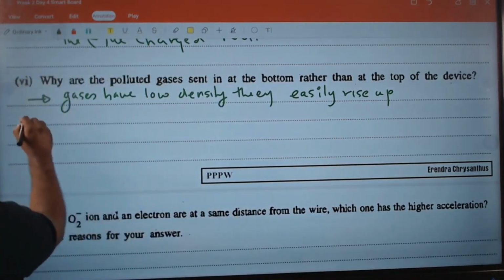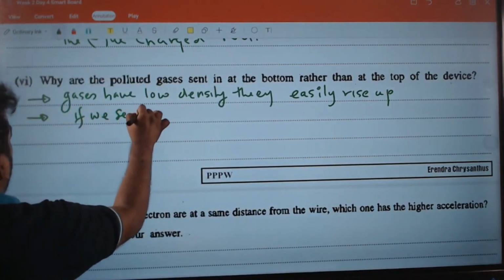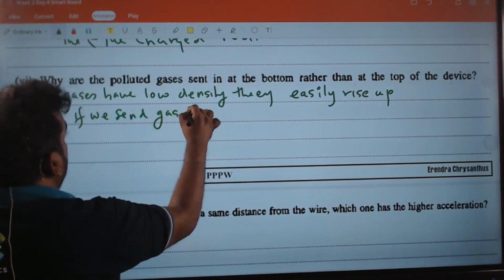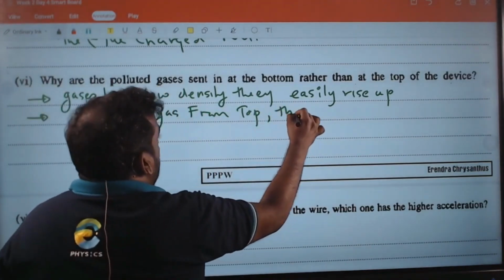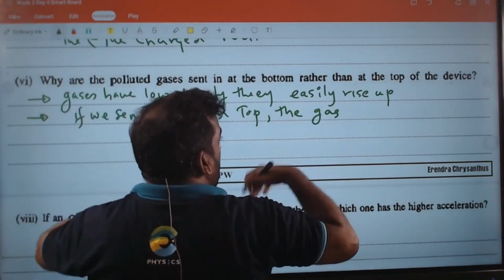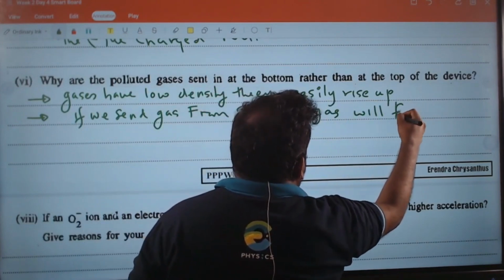Next one. If we send gas from the top, the gas will block the continuous flow because it's trying to go up.